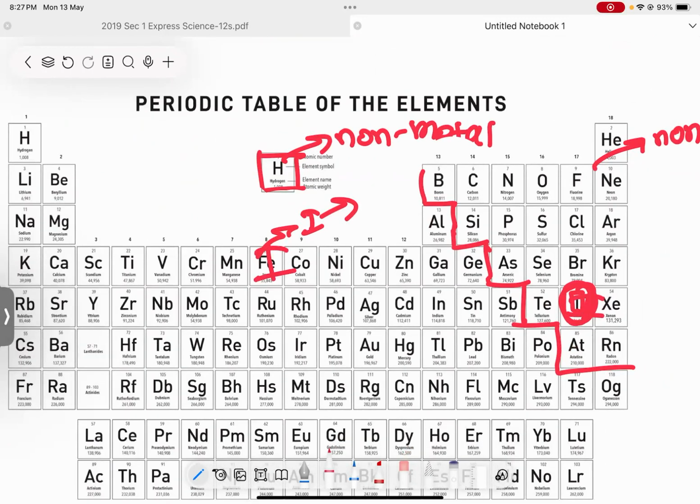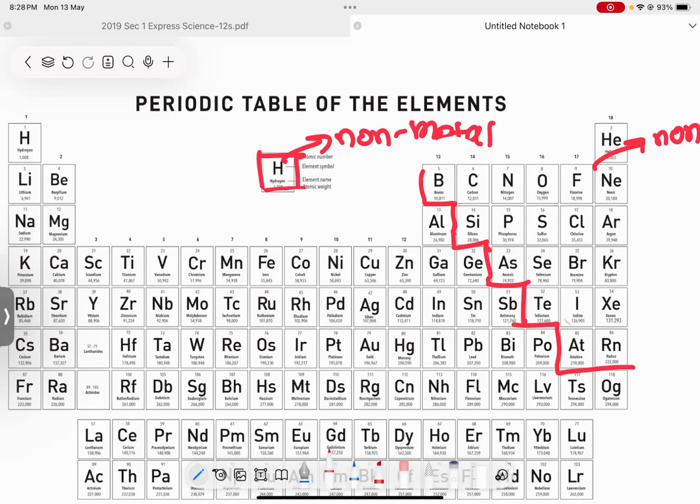Wouldn't people be confused? Exactly my point. That is why the periodic table works mysteriously, because we are taking the Latin names of all of these so that we avoid confusion.